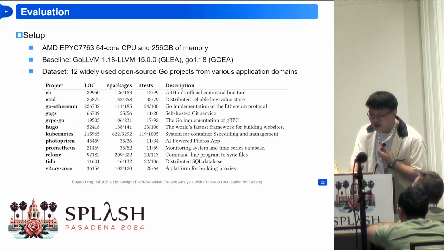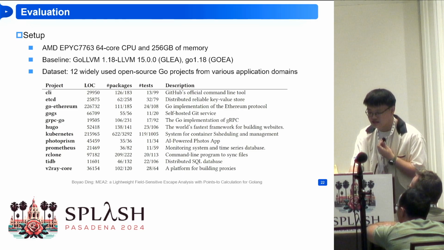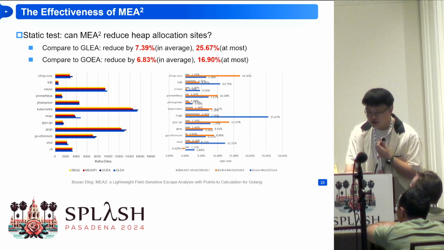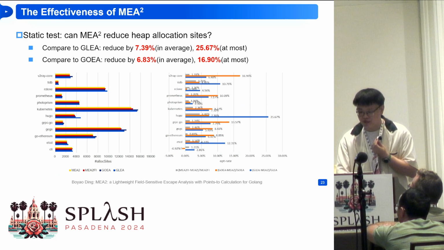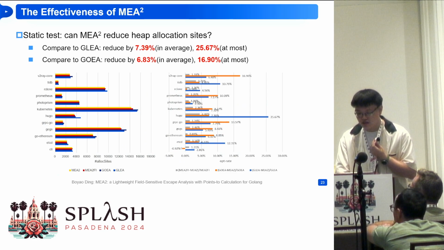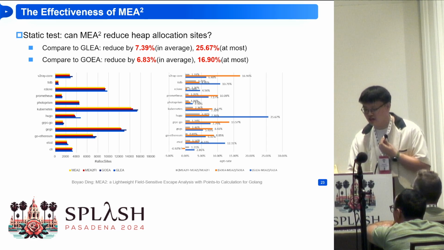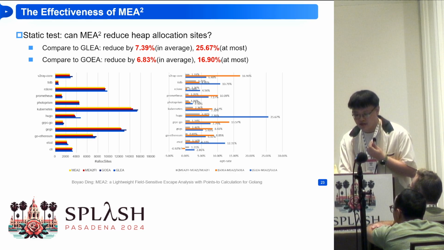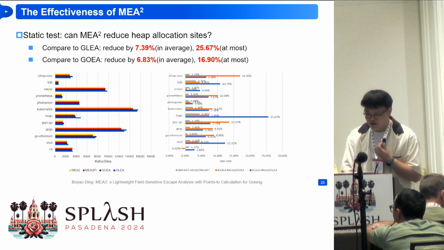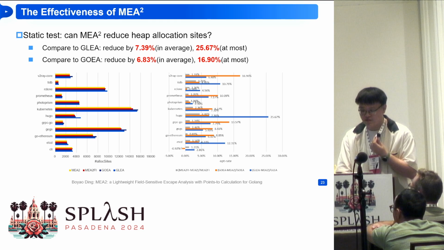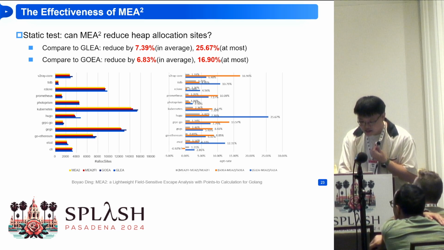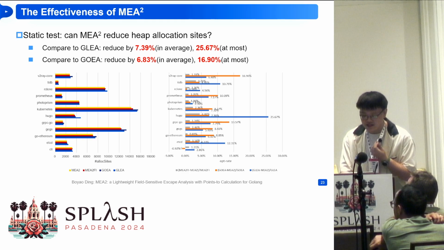And finally, we evaluate MEA2 on a dataset consisting of 12 widely used open source Go projects. First, we attempt to evaluate the effectiveness of MEA2. We compiled the source code in the projects using GoEA, which means Go's escape analysis, GLEA, which means GoLLVM's escape analysis, MEA2, that's ours, and the field-insensitive version of MEA2, namely MEA2 FI, and counted the number of heap allocation sites in the generated code.